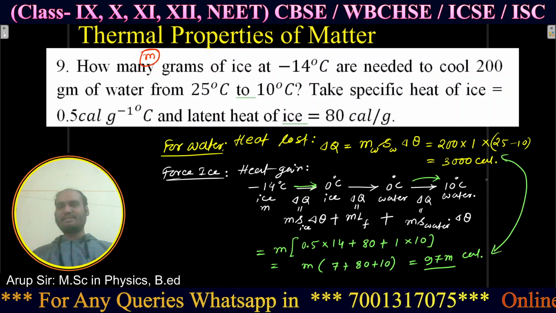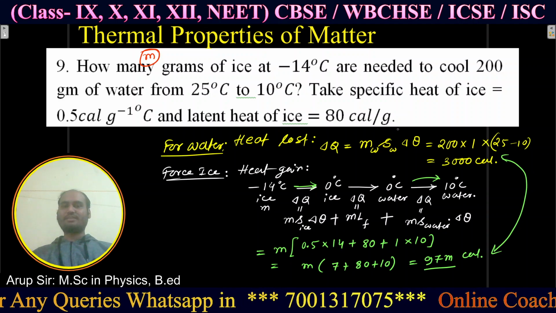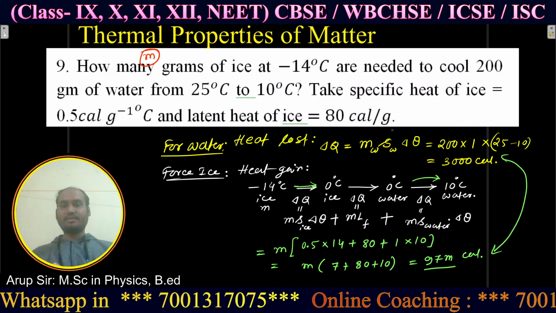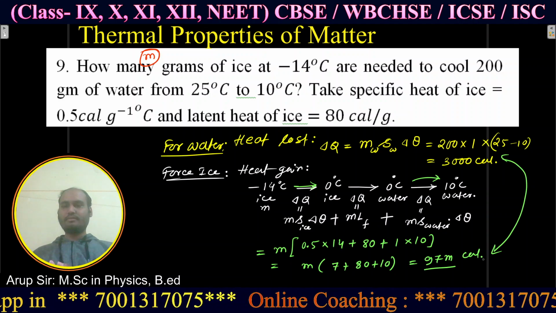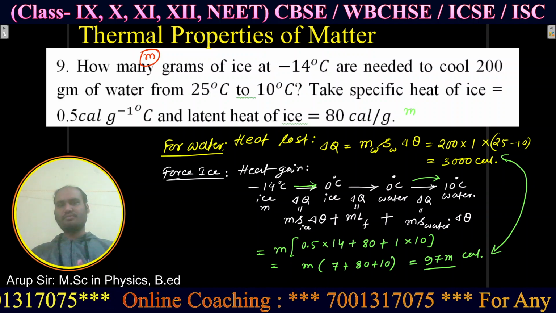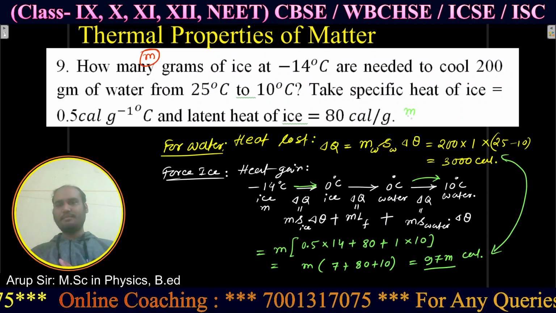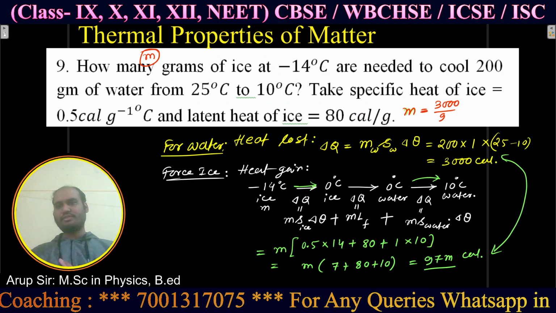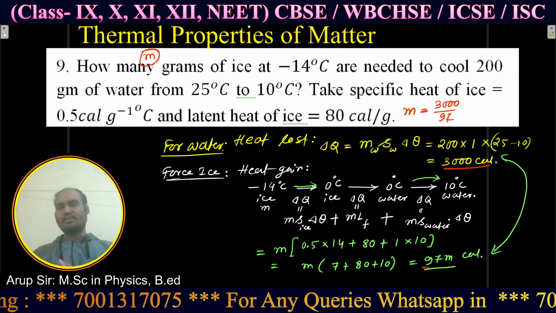Now what is the answer? How much mass of ice will be required? In gram unit, obviously. So m equals 3000 divided by 97, because heat gain is equal to heat lost.